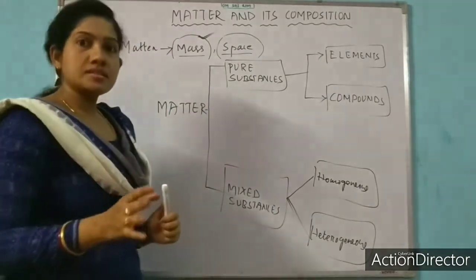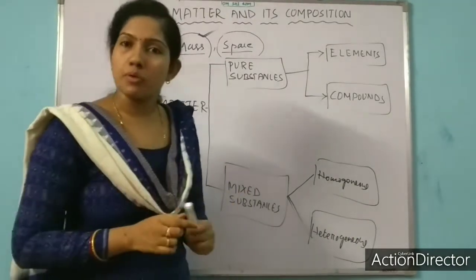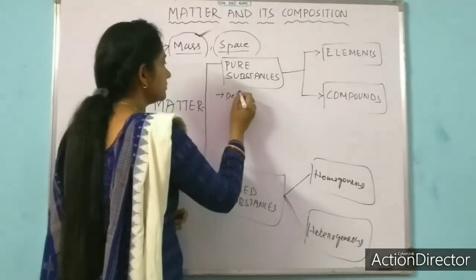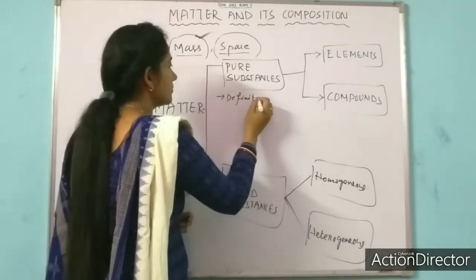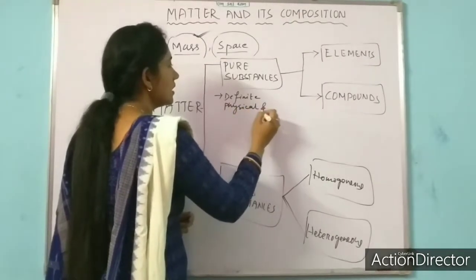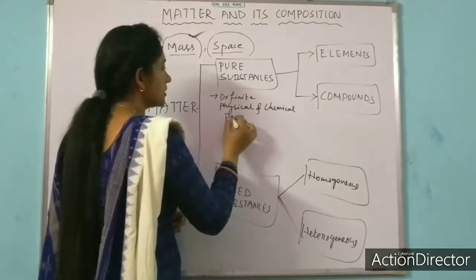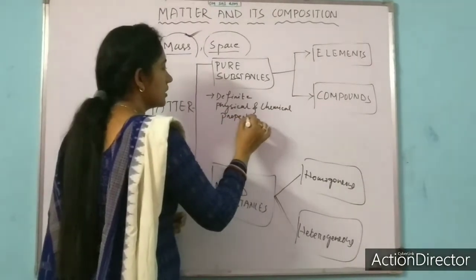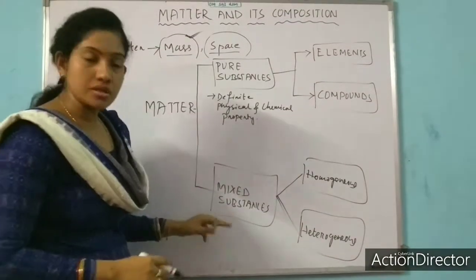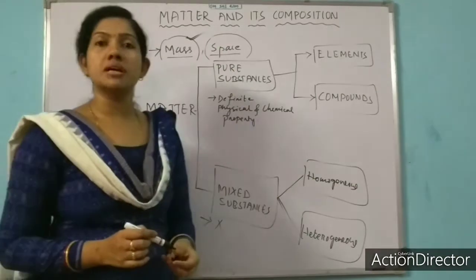Pure substances have definite physical and chemical properties, whereas mixed substances or mixtures do not have definite physical and chemical properties.